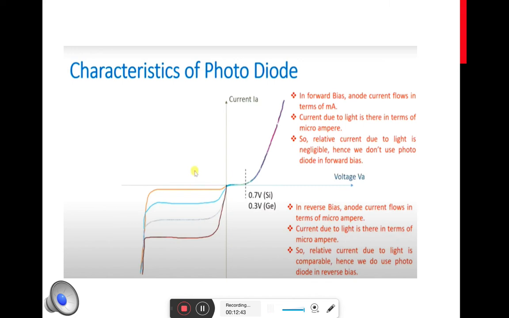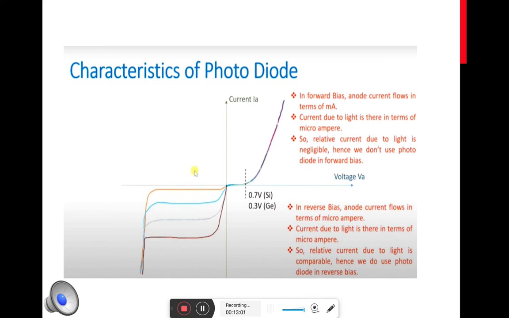Because the depletion width is less, only a small amount of light enters the semiconductor material. So the current due to light is negligible, which is the main criterion why we do not use the photodiode in the forward bias condition.